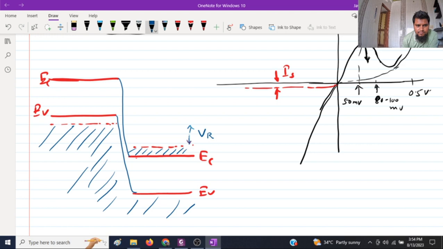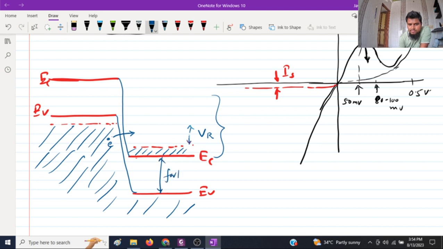Now the tunneling will go from this side to this side. So this is one electron that will tunnel, because there are plenty of energy states in the conduction band. Okay, only this is the forbidden band, right? This is the forbidden area. Otherwise, energy states are there. They are vacant.